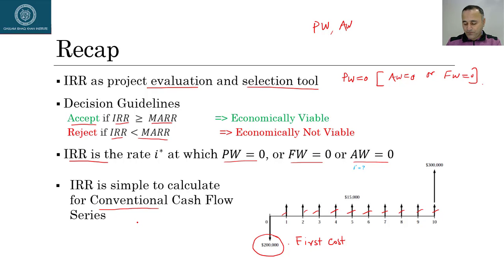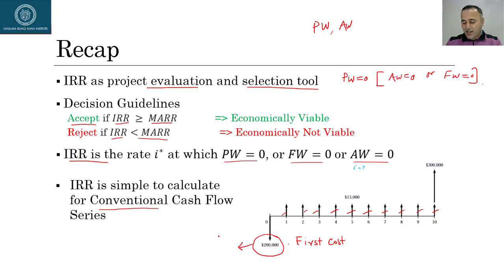It's super easy. So whenever a cumulative cash flow starts with a negative sign, which means it starts with an investment, or in other words, cash outflow, and then the cumulative cash flow changes sign only once, that is a conventional cash flow diagram.